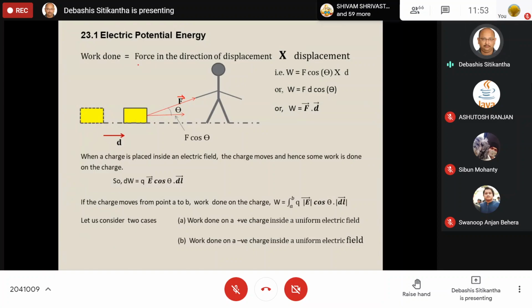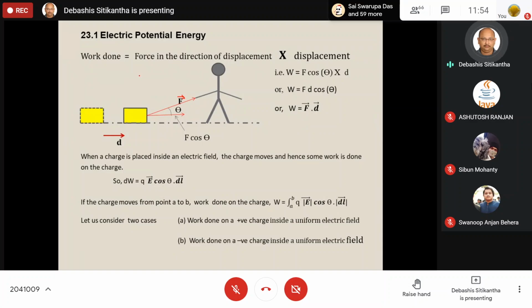But it is written as force in the direction of displacement. The box is not moving in an inclined manner, it is moving on the surface of the plane. So the displacement is along the surface, and therefore the component of the force which is along the direction of the displacement should be taken into account.